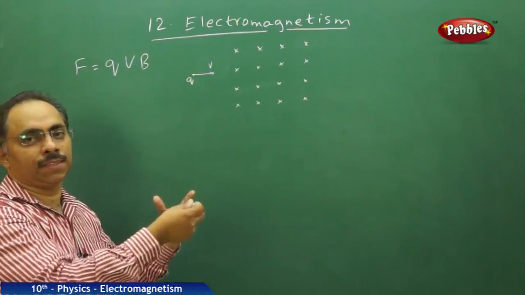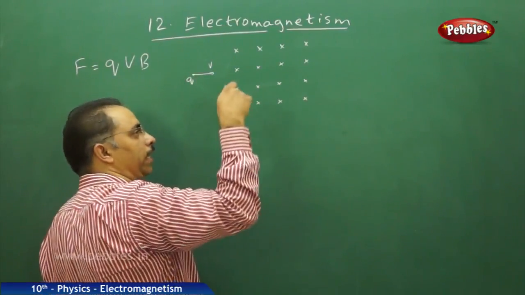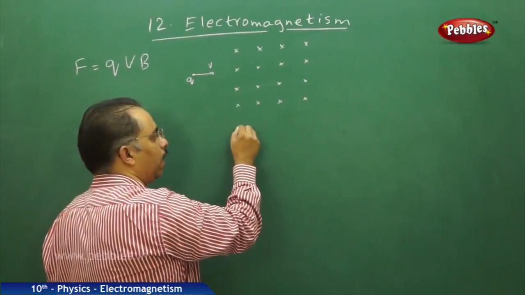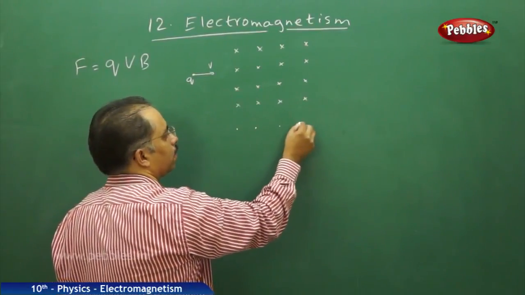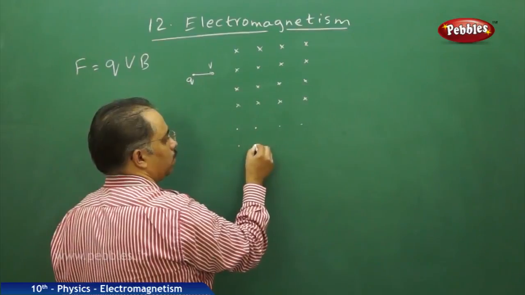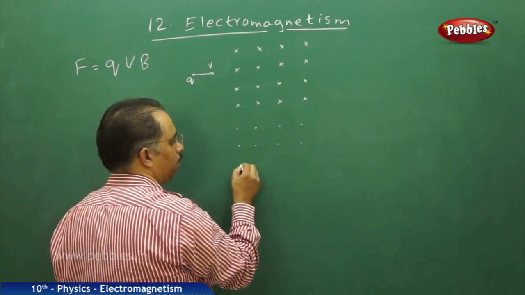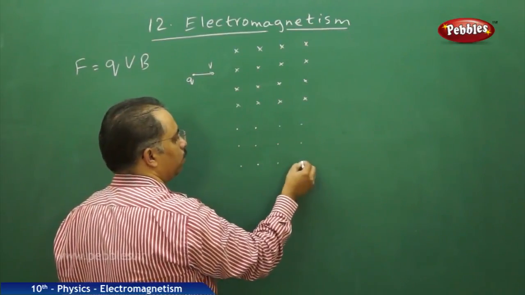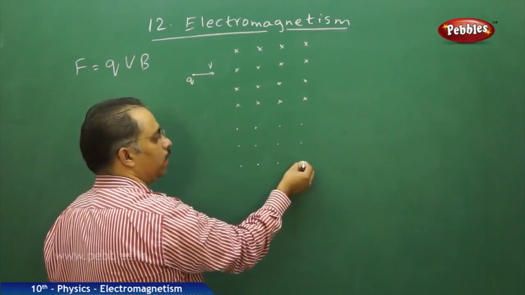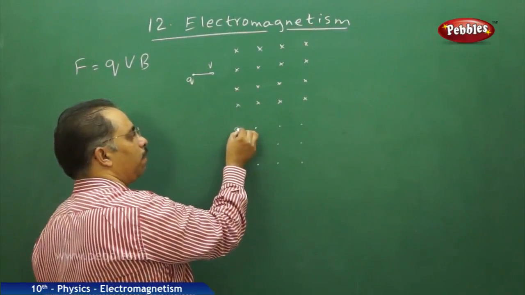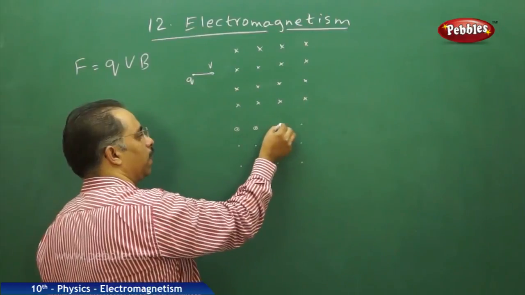Imagine the situation is reversed. That means instead of going into the board, I have the magnetic field coming out of the board. Generally what we denote by coming out of the board is a dot with a small circle around it.